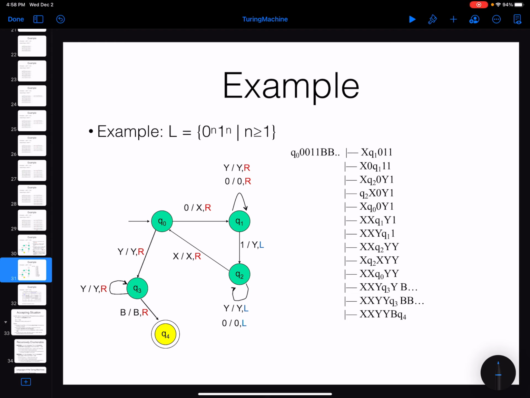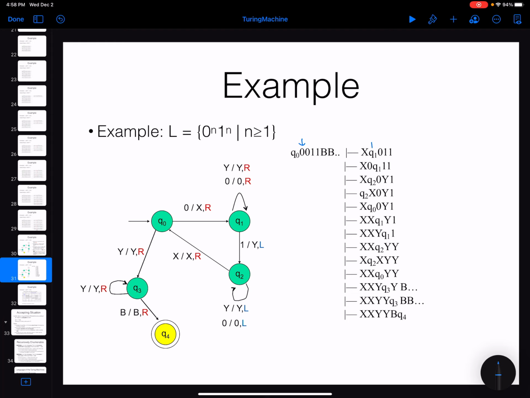So basically this set of transitions shows how the machine is going to read and accept a string like this. You can represent it as you start at Q0, and the next symbol that you are going to read is this 0. Over the move, you replace 0 with X and move to Q1, moving to the right.